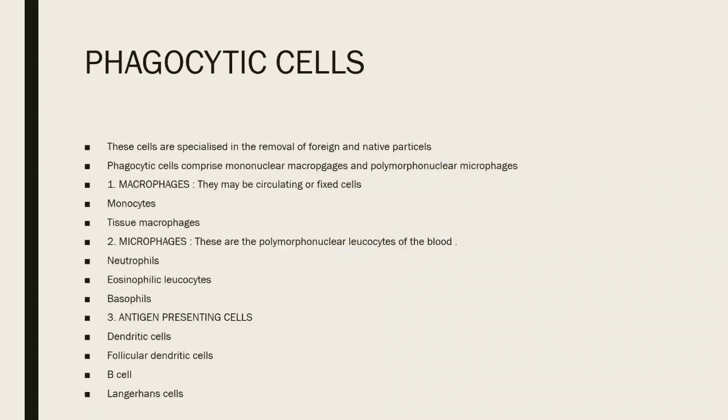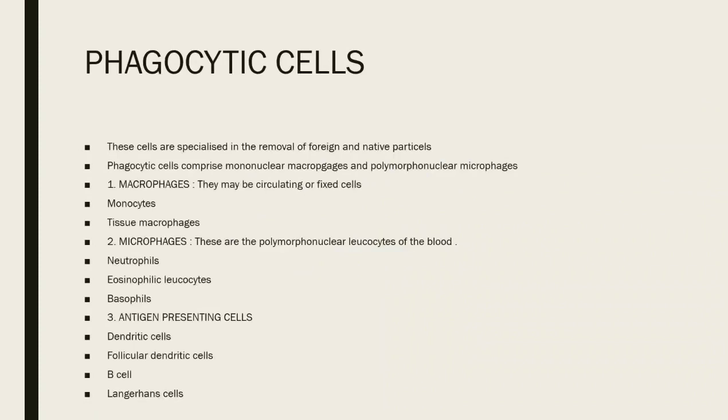Now phagocytic cells. These cells are specialized in the removal of foreign and native particles. Phagocytic cells comprise mononuclear macrophages and polynuclear macrophages. First is macrophages. They may be circulating or fixed cells. It includes monocytes and tissue macrophages.